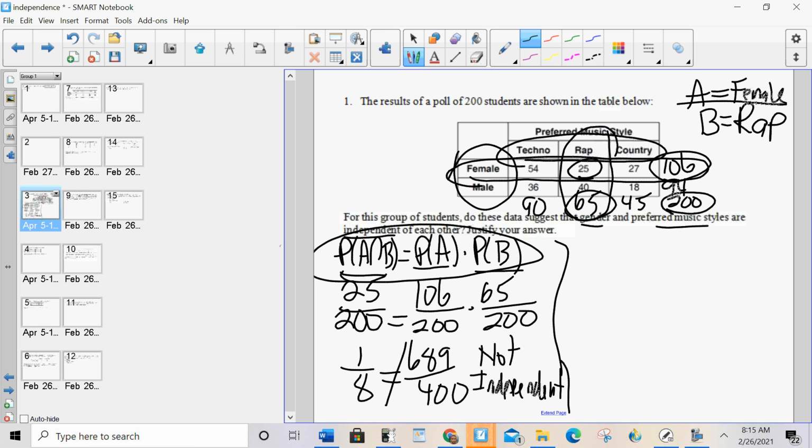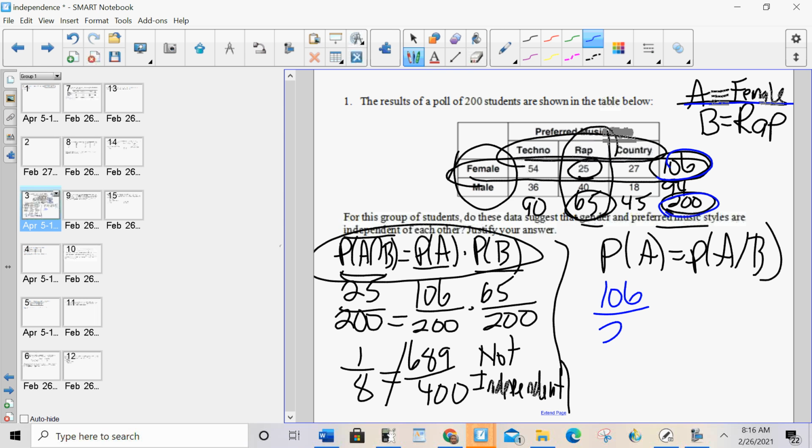Now, the other way you could do it, P of A equals P of A given B. So, P of A, probability of female, is 106 over 200. Probability of A given B. So with conditional probability, the condition comes after the given that, after the slash.